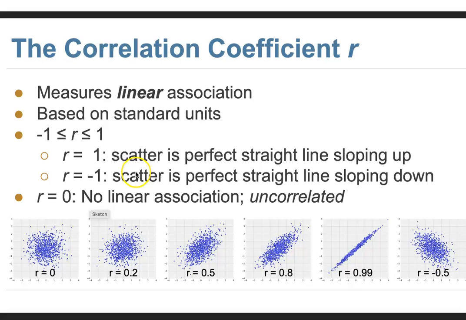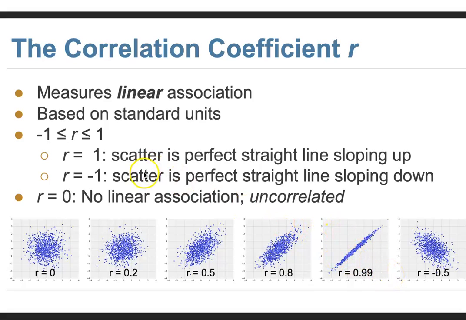If R equals 1, all the scatter is perfectly in a straight line and the slope is positive. On the other hand, if R equals -1, the scatter is also in a perfect straight line. Just one thing, the slope will be negative.